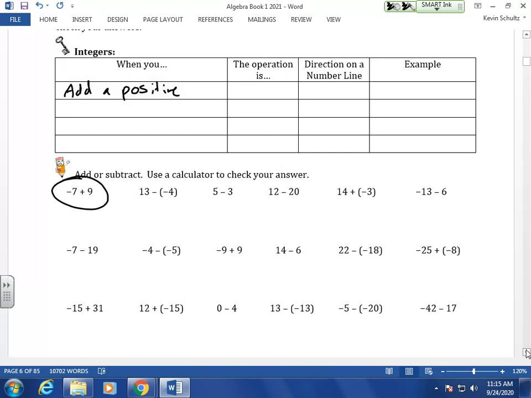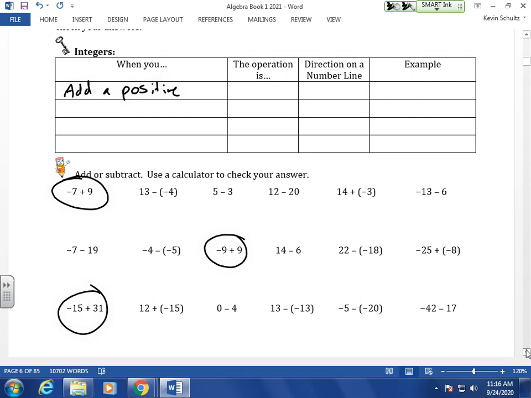Give me another one. Negative 9 plus 9? Yes. That is adding a positive. Another example. Negative 15 plus 31 is adding a positive. Any others? No, I think that's about it.